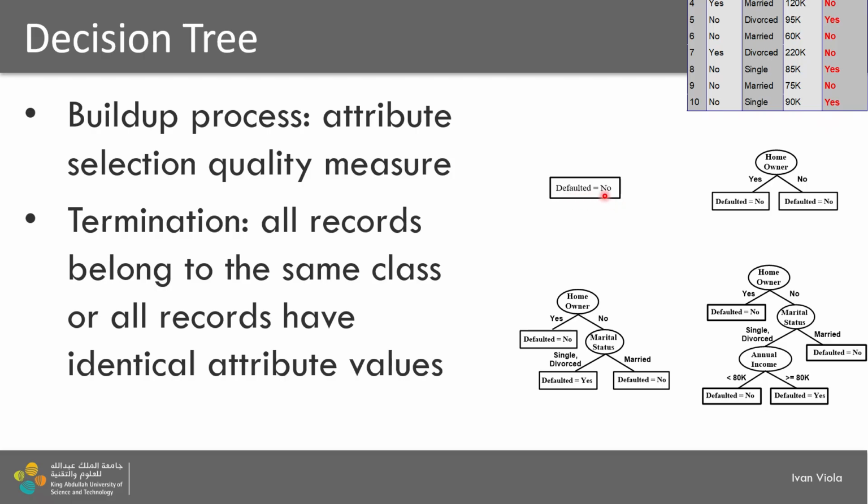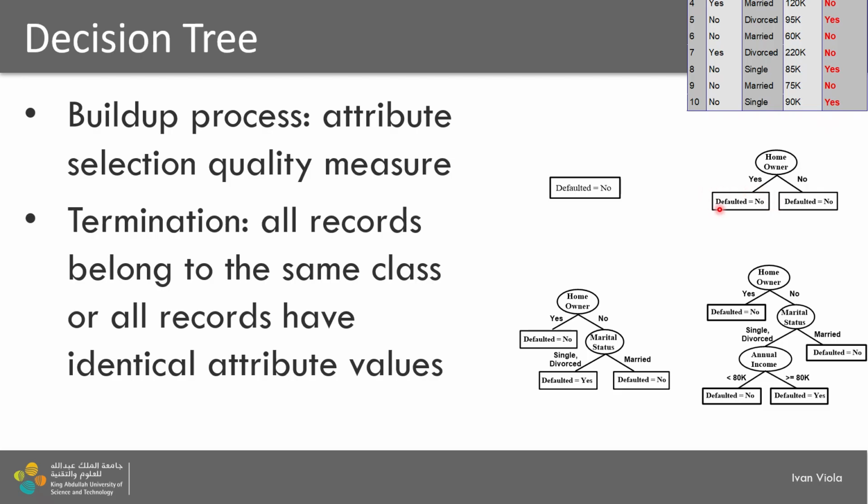Now, at this point, we can choose one of the properties, and we will discuss how we choose that in the next part, but we choose one, let's say the homeowner. Then we have chosen, and on one side we have whether somebody is homeowner, yes or no. And in the case that they are homeowners, we know that no homeowner was actually defaulted in the previous example when we saw the entire data set.